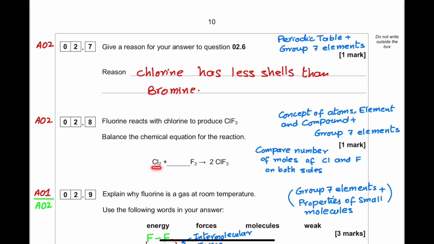We know that Cl2 is balanced with 2Cl. These two belong to both chlorine and fluorine. If you look here for the fluorine, when this 2 belongs to this fluorine, so fluorine is already 3, so you're going to multiply 2 times 3 is equal to 6.